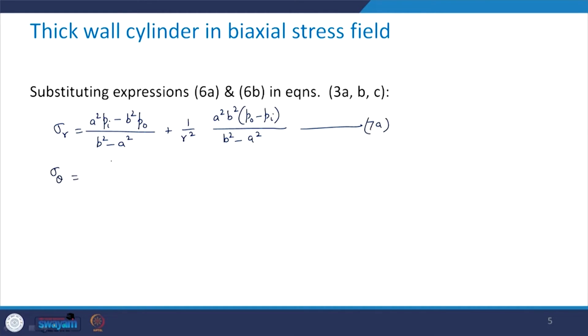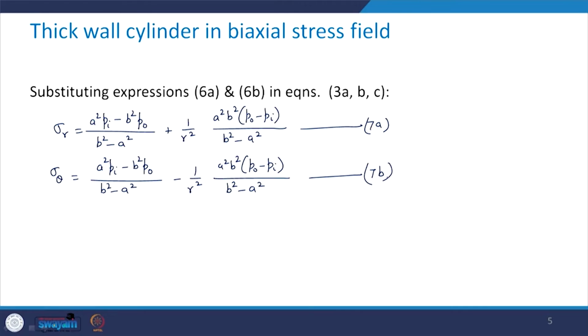Sigma theta will be a square pi minus b square p naught divided by b square minus a square minus 1 upon r square, a square b square into p naught minus pi divided by b square minus a square. This is 7b, and we have seen that tau r theta will be equal to 0. So, this is equation number 7c.